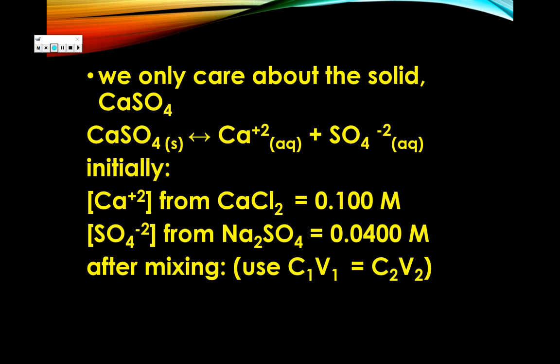So the volumes here happen to be the same. They don't have to have the same volume. They don't have the same concentration. Whatever values you're given, just plug them in. So the total new volume is going to be 200, because we add the two solutions together. Initially, these are the concentrations, and the volume for each of them is 100, which happens to be the same.